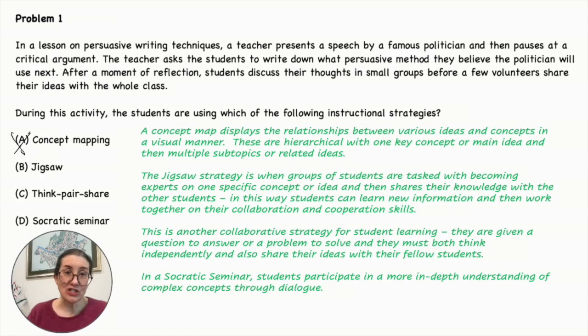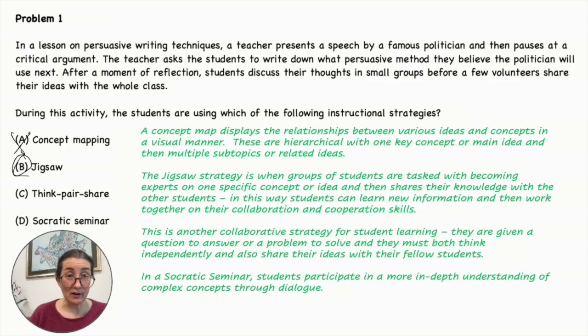The jigsaw strategy is when groups of students are tasked with becoming experts on one specific concept or idea and then share their knowledge with the other students. In this way, students can learn new information and then work together on their collaboration and cooperation skills. Possible. So let's keep that one in mind.